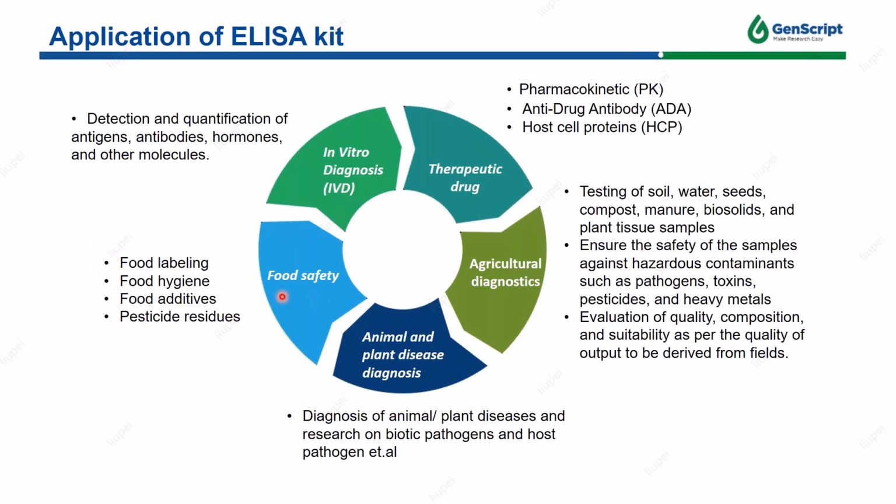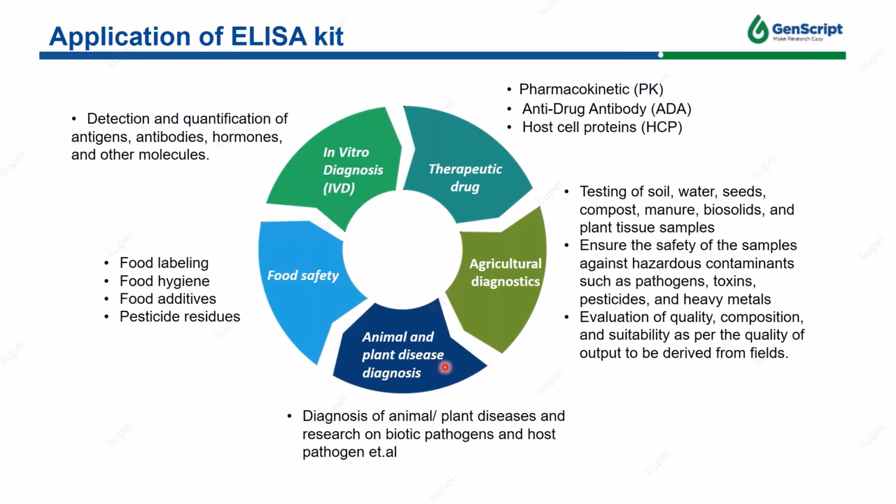Also, food safety is very important. It includes a number of routines that should be followed to avoid potential health hazards. Food safety considerations include the origins of food, including the practice relating to food labeling, food hygiene, food additives, and pesticide residues, and so on.